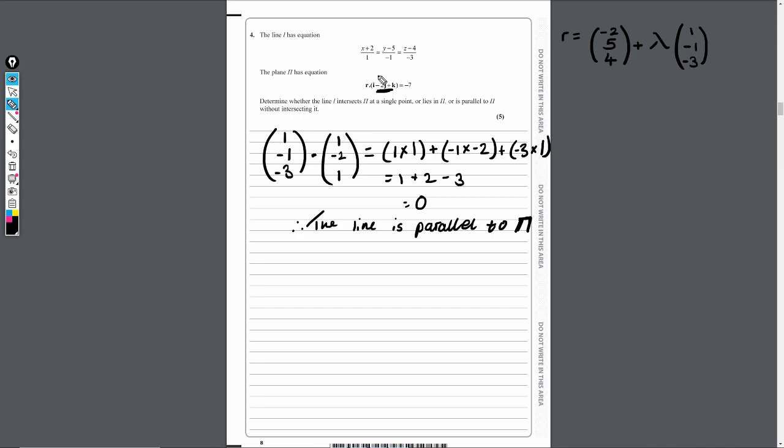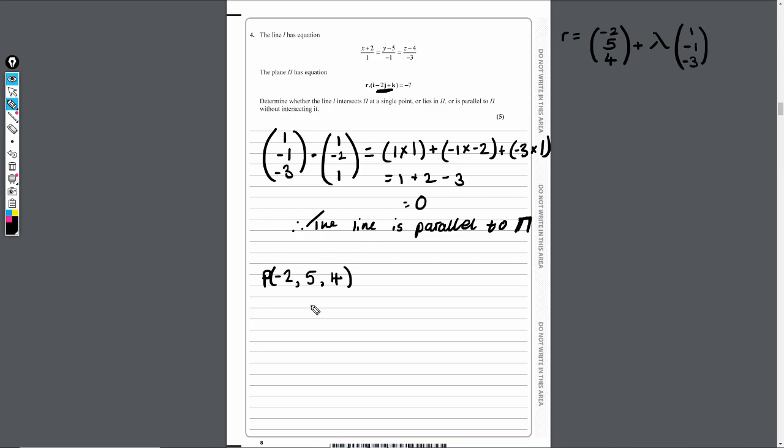So the easiest point to consider for the line L, if I call the point P, looking at our equation here, we've got x plus 2, y minus 5, z minus 4. The easiest point is just to consider the origin, 0, 0, 0. Well, for that, x must be minus 2, y must be 5, and z must be 4. So the point P I'm going to take will be minus 2, 5, and 4.